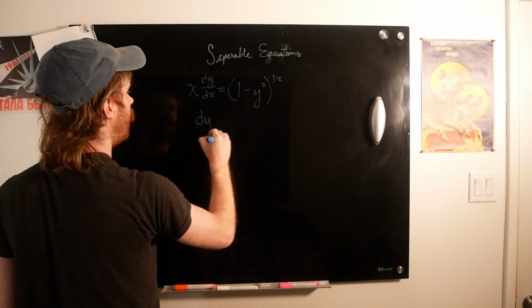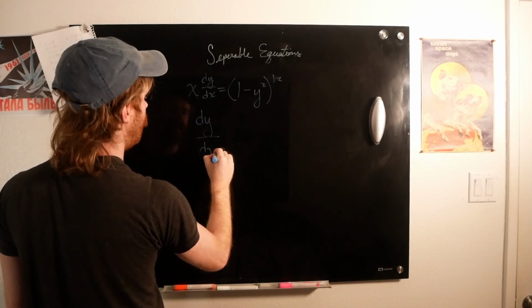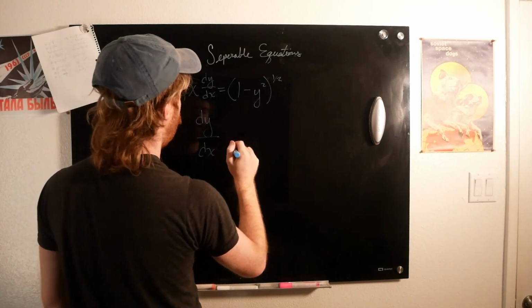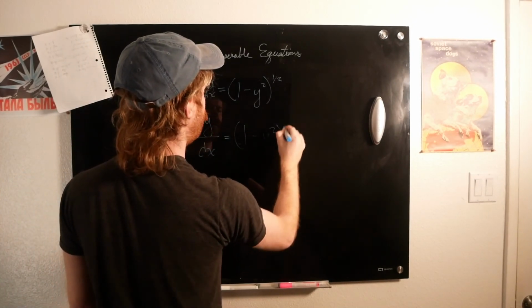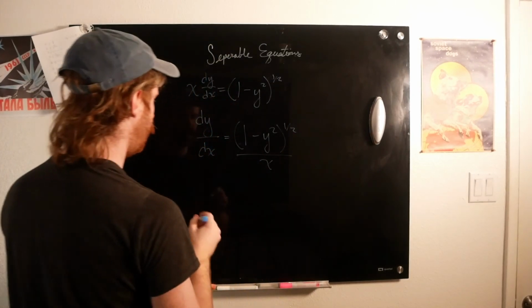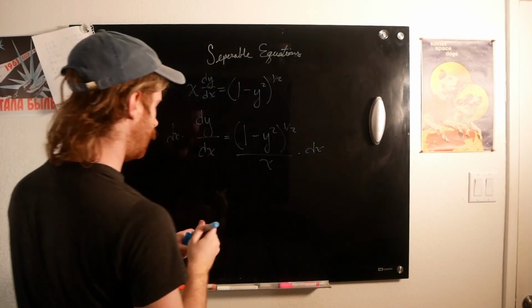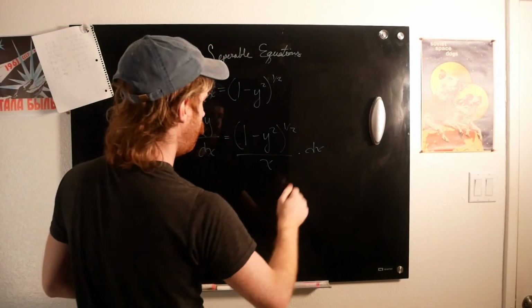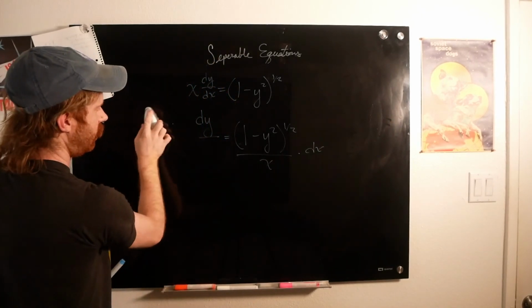So dy over dx equals 1 minus y squared to the 1/2 power over x. And then what we're going to do is multiply both sides by dx, because the dx has to be in the numerator. So dx over dx is just 1, so we're going to erase this.